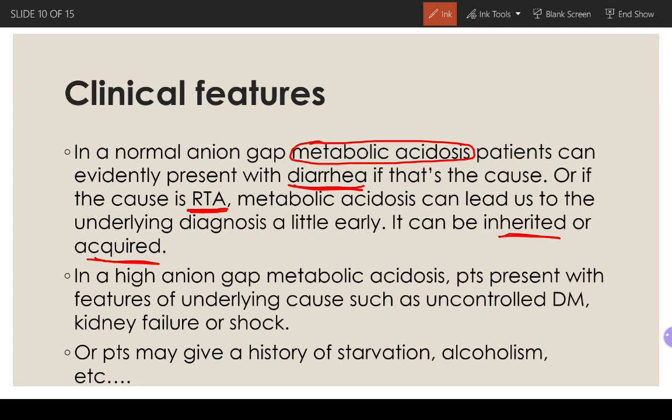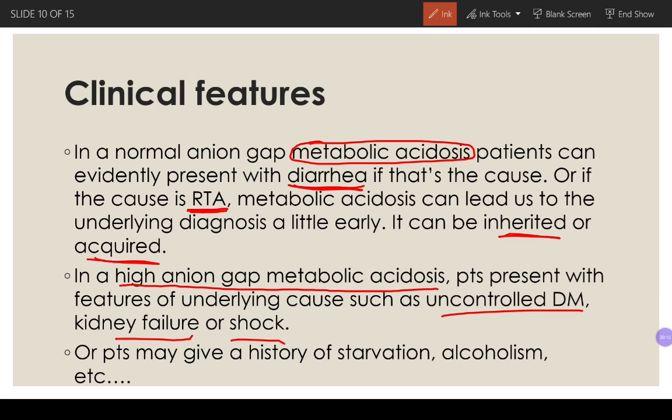Alright, and in talking about a high anion gap metabolic acidosis, patients present with features of underlying cause such as uncontrolled diabetes mellitus, kidney failure or shock. So uncontrolled diabetes mellitus can lead to diabetic ketoacidosis, and kidney failure can be due to drugs or shock.